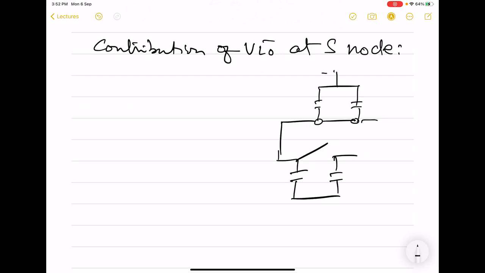But now we are going to remove LO plus, and VLO minus is going to be included now.